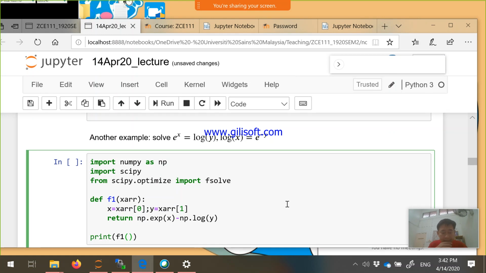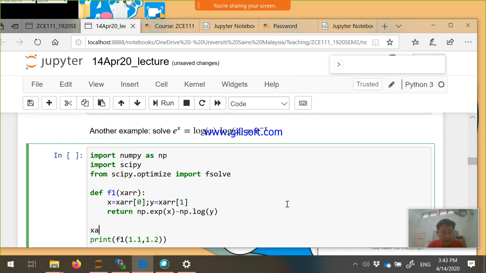Let me call xarr 1.1 and 1.2. Explicitly I can say xarr to be just like this. It's possible to do that, and then I'll just say this as xarr.